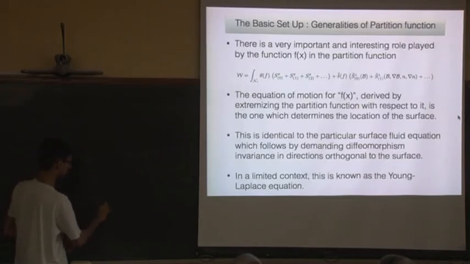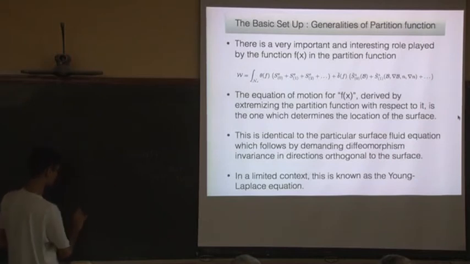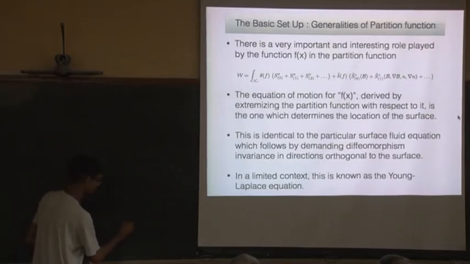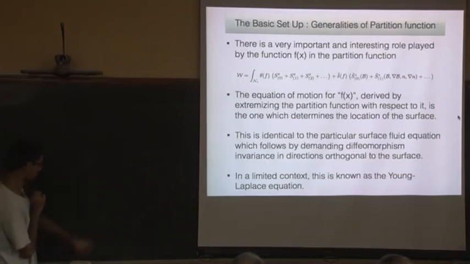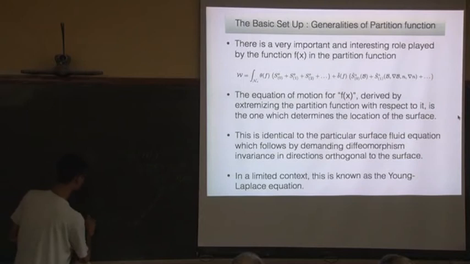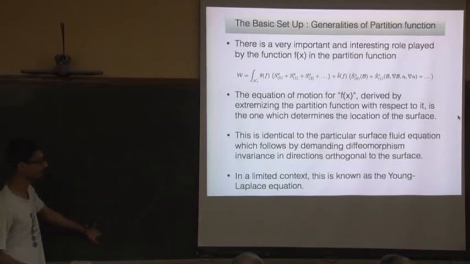So I get T mu nu, I do del mu T mu nu. By diffeomorphism invariance, you mean conservation of stress. Yeah. So I'm saying this equation is this equation, dotted. And in the literature it's called Young-Laplace.